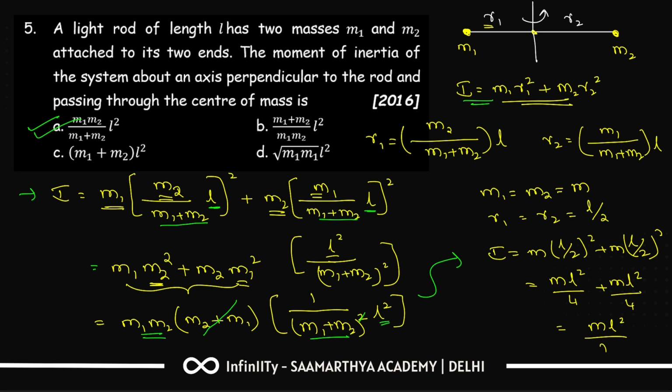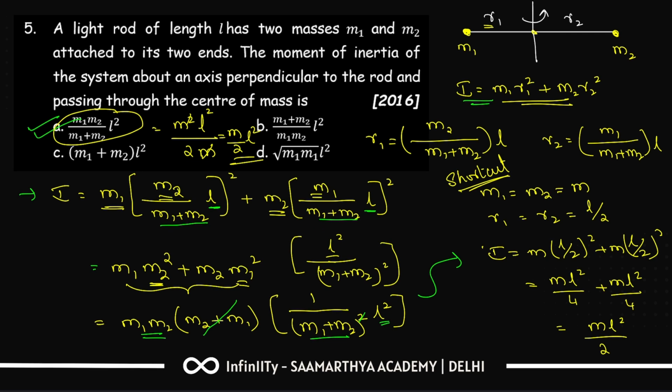ML square by 2. तो ये जो ऑप्शन है इसमें सब्स्टिट्यूट करके देखो m1 m2 as m, this will be m square L by 2m. M gets cancelled, this will be m by 2 into L square. ठीक है, ये दूसरा सोल्यूशन है, alternate solution. You can call it a shortcut also, not a shortcut, common sense वाला method.